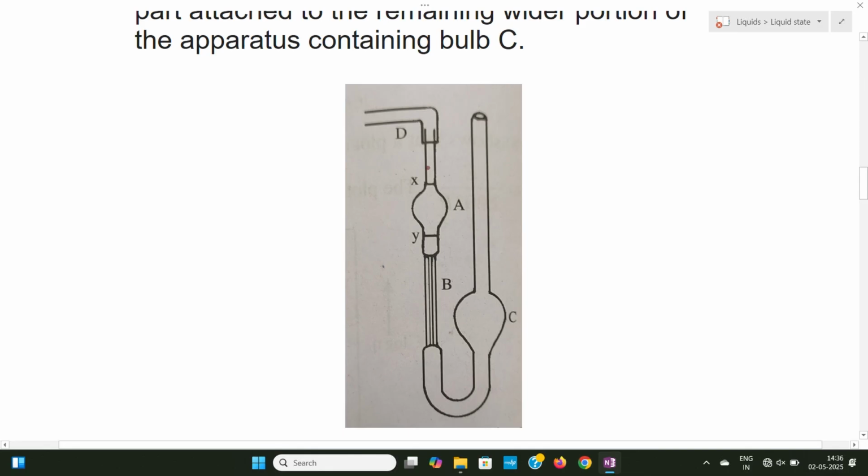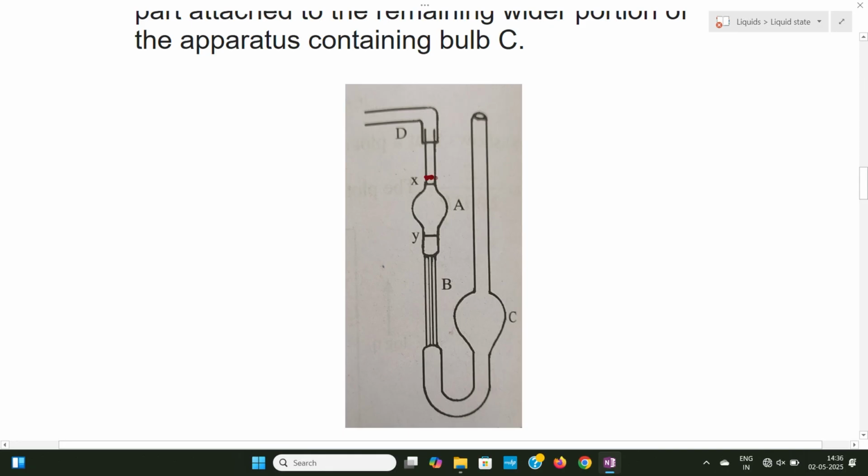Then we fill some more water. After filling the water, we allow the water to fall out. Using a rubber tube, we suck the water up to a little more than the X mark.